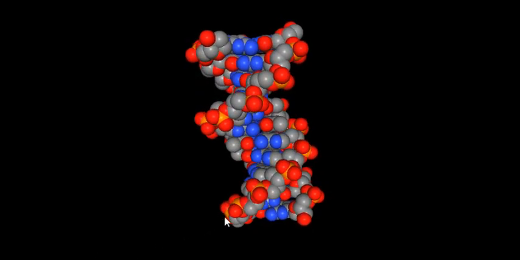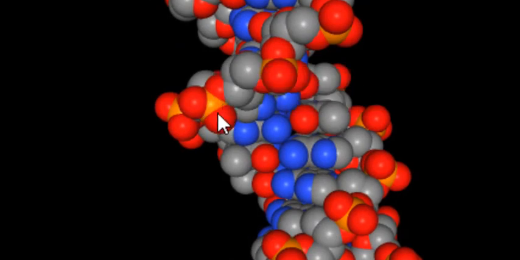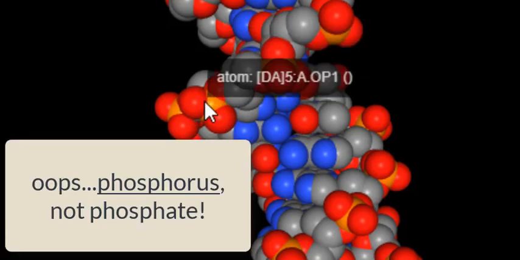What we have here, if you follow the arrow, is a twisting molecule. We have sugar, phosphate, sugar, phosphate, sugar, phosphate, sugar, phosphate, sugar, phosphate. The red structures here are oxygen, but the yellow ones are phosphates, right? So we have the sugar, then the phosphate, and the sugar and the phosphate.